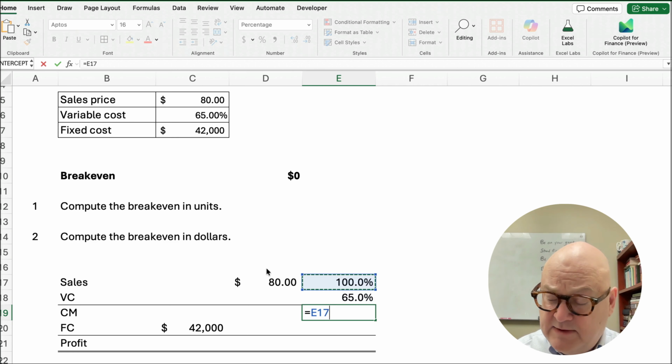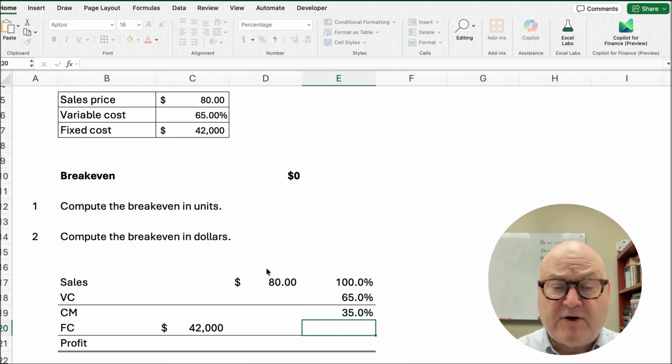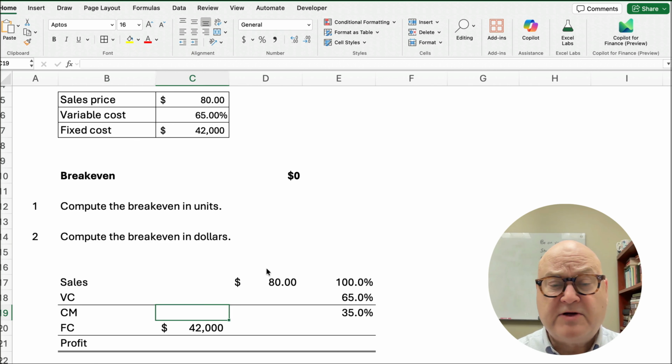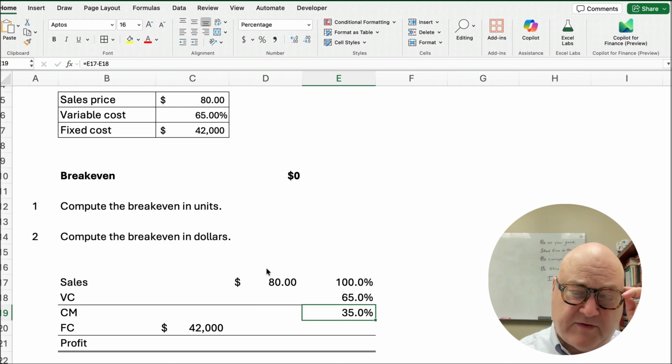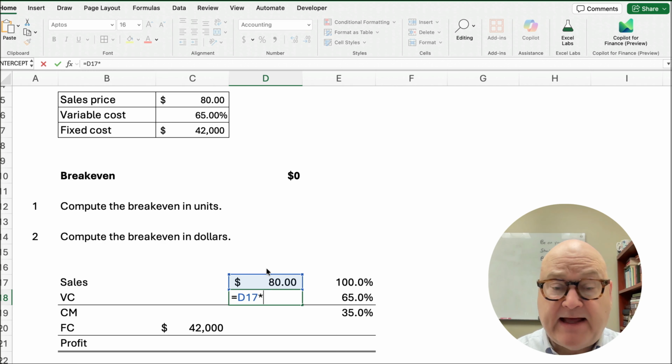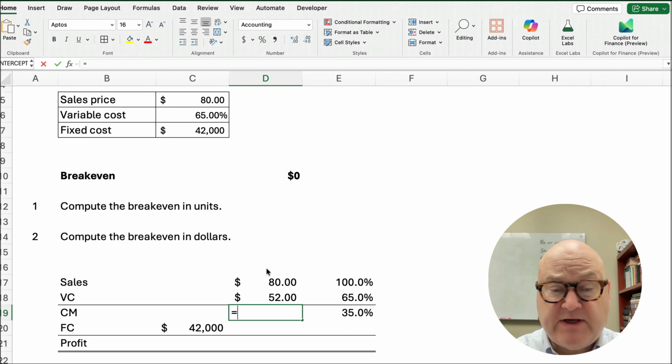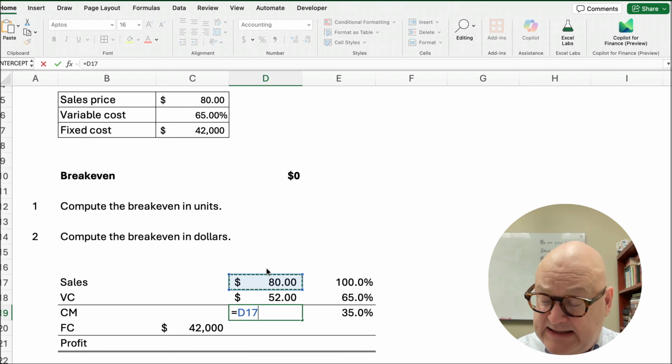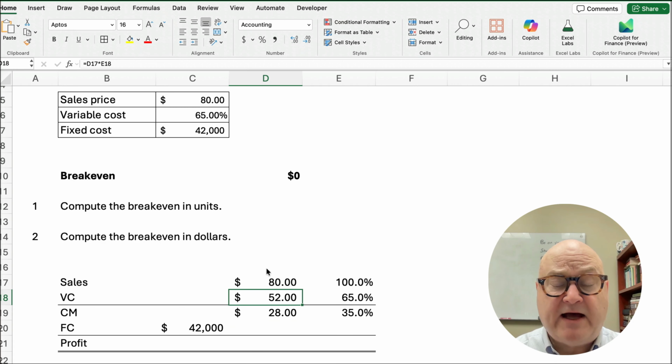So 100% minus 65% means our contribution margin is 35%. Well, what would our variable cost per unit be? It would be 80 times 65%, and then we could subtract it out, or I can take 80 times the 35%. That's going to be $28.